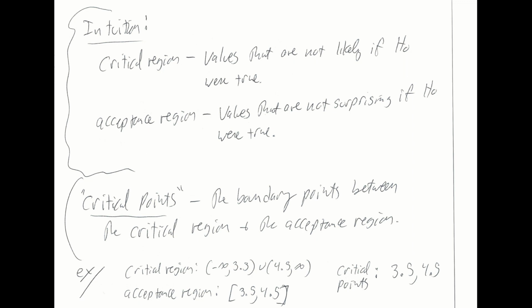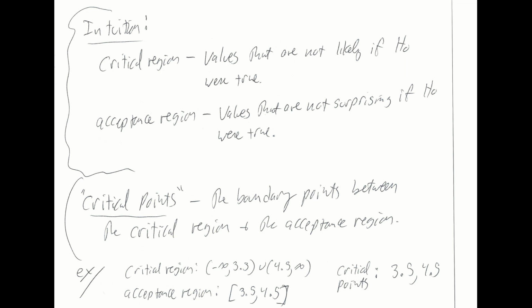The critical region is composed of those values which, under the assumption that the null hypothesis is true, would be particularly unlikely. Whereas the acceptance region is going to be those possible values for your test statistic which are pretty reasonable under the assumption that the null hypothesis is true. So if the null hypothesis is true in our example and the average mass of the bolts really is 4, then it doesn't seem surprising to us to see a value that's near 4 but not exactly equal to 4.